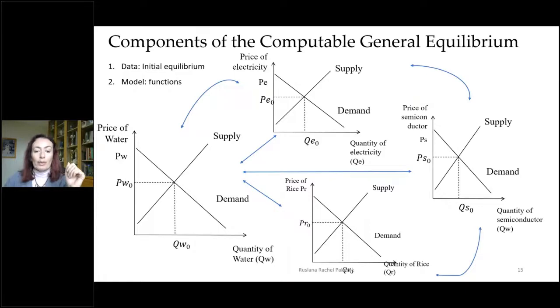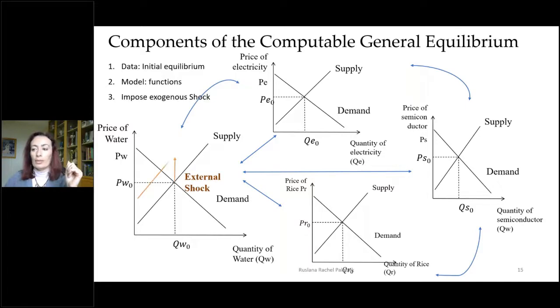So this is base data plus functions from the model. And the initial equilibrium is calibrated.